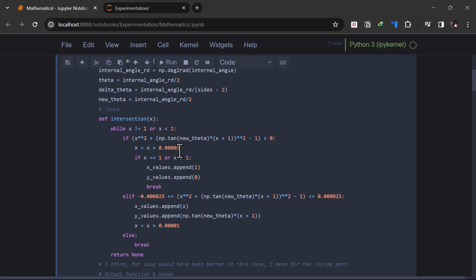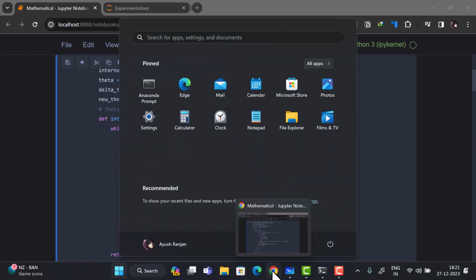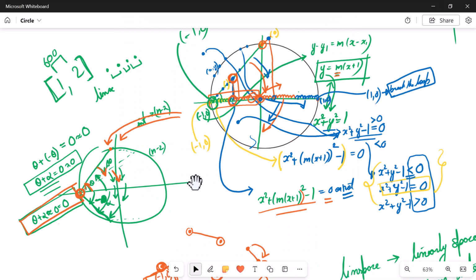And this bit of code is for cautionary purposes: if after the incrementation the value becomes 1 or greater than 1, then we will append 1 and 0 to our x and y values. Now you have to understand in what case it will happen that after the complete incrementation from -1 to 1 we will not get any intersection point.